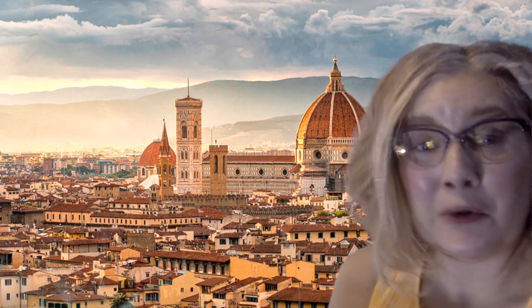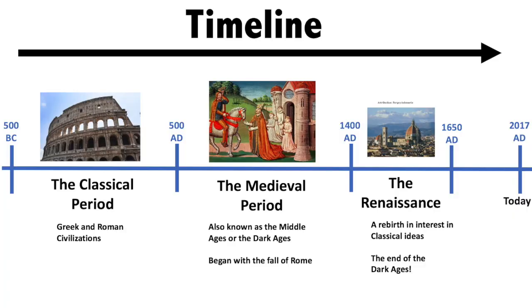Just to review our timeline, as sixth graders, you learned about the Greek and Roman civilizations, the ancient era, or classical, and then your last unit, just this past month, has been the Middle Ages, medieval Europe.